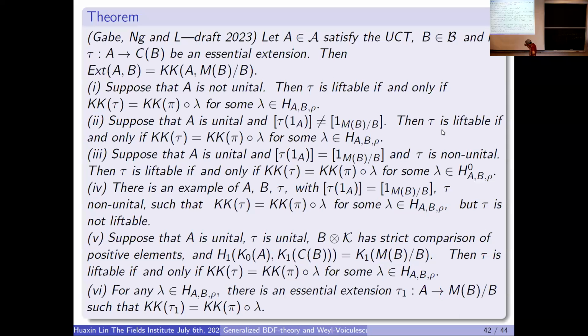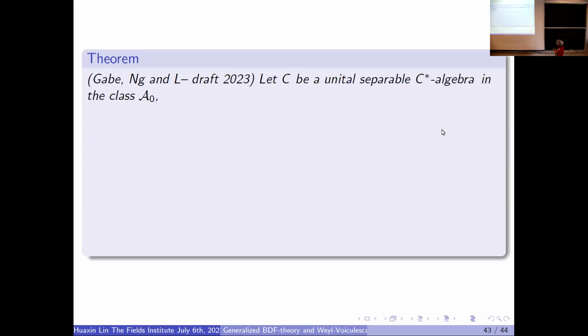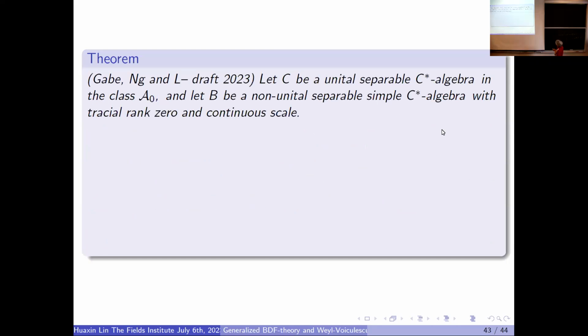So at the moment you thought you knew exactly when it is splitting, but then you look at the Elliott and Voiculescu theorem, and ask whether you can have the generalized Voiculescu theorem. But that turns out to be really hard.